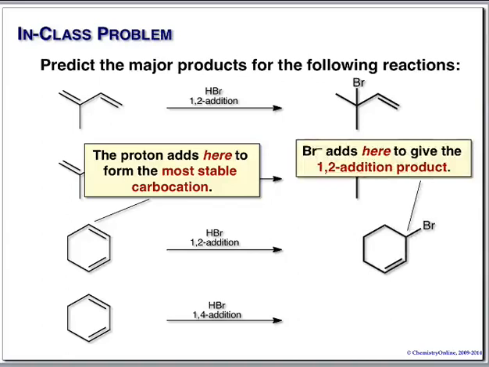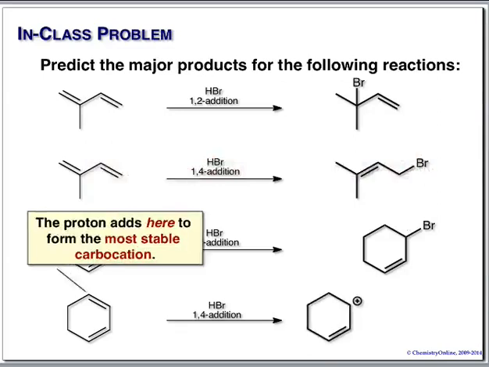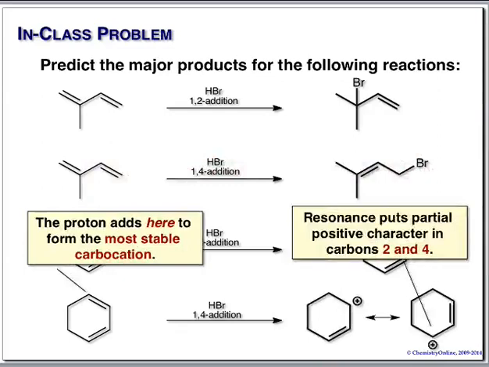Now for 1,4, it's going to be the same thing all over again. We're going to protonate at the same place to make the same carbocation. But now we're going to add to the 4 position, which we can do because it is resonance stabilized. This would give us 1,2.